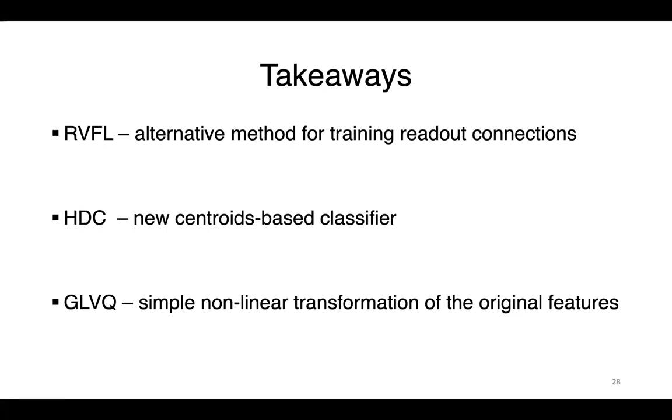And third, for GLVQ, it provides a simple nonlinear transformation of the original features that the GLVQ classifier can leverage for higher accuracy. Overall, we believe that our proposed GLVQ modification can flexibly improve the accuracy and efficiency of RVFL networks run on resource-constrained devices. Thus, it expands the network's range of potential applications to edge computing.